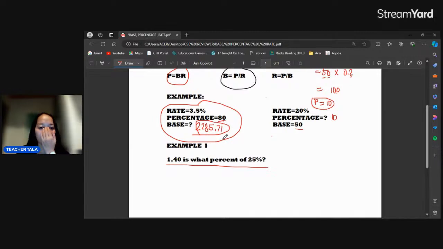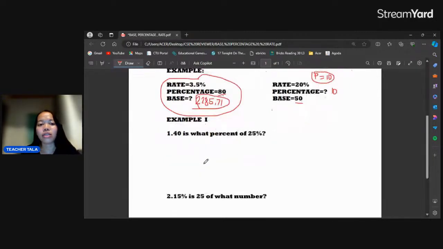Like sa number 1, 40 is what percent of 25? Now, paano mo ba malalaman kung ano yung rate, nasan yung percentage, nasan yung base? Well, it's really easy to spot the rate because of the percent symbol. Now, how can you tell if the other number is a base or a percentage?